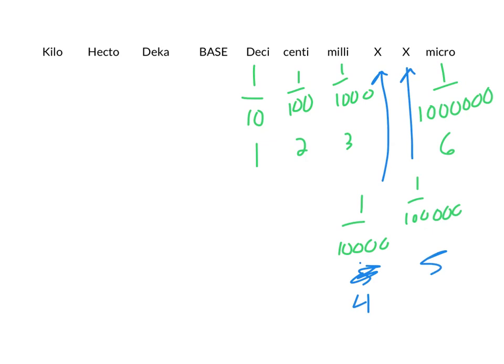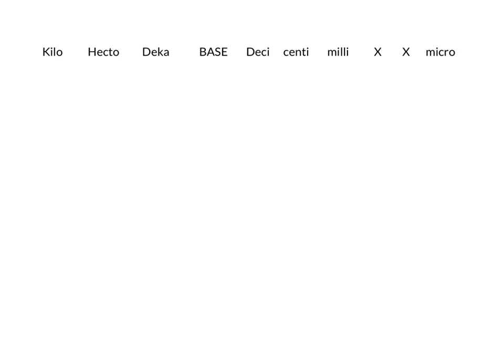If we're using this chart as a map to show movement between place values, we can't just skip over place values. There's no prefix to represent the 1/10,000th place and the 1/100,000th place, but I can't completely skip over them. So when micro is involved, I have to move between those places.